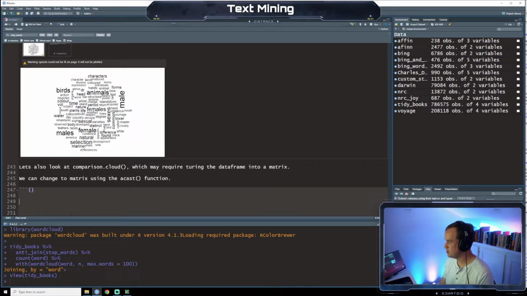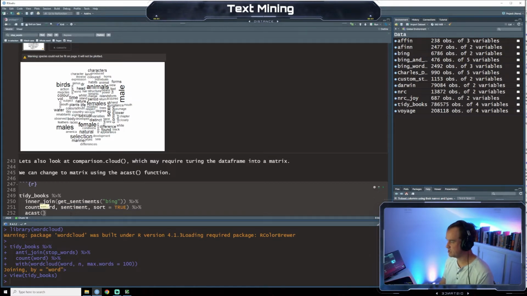So let's do tidy books. Oops, we've got to put our little R in here. And we can pipe down, inner join, get sentiments, bing, and then pipe down, count our word, our sentiment, sort equals true, pipe down, acast, so we're going to change it to a matrix.